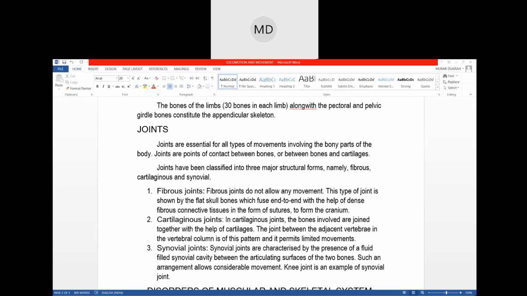The synovial joints have a cavity in between the bones. That cavity is known as the synovial cavity, and in that cavity there is fluid. You may have heard of people who suffer from knee pain, so much pain in the knee region, and when they go to the doctor, the doctor does a scan and concludes that they have fluid accumulation in the knee.